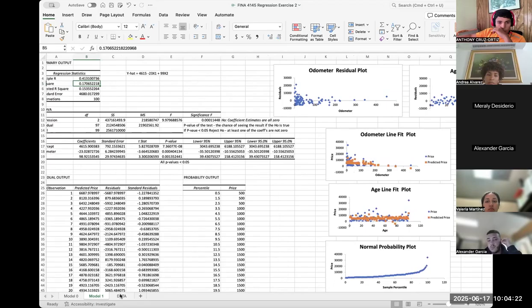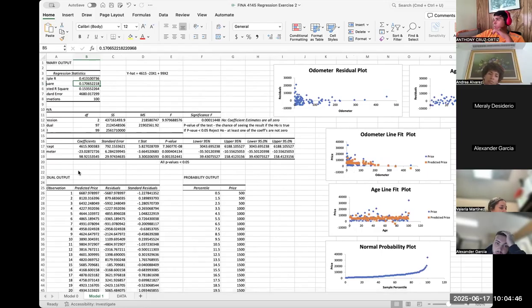I'm going to introduce, this is going to be model 2, where we're going to square age. We're going to include a variable for age that's quadratic to pick up on that curve relationship and see if that improves the model.